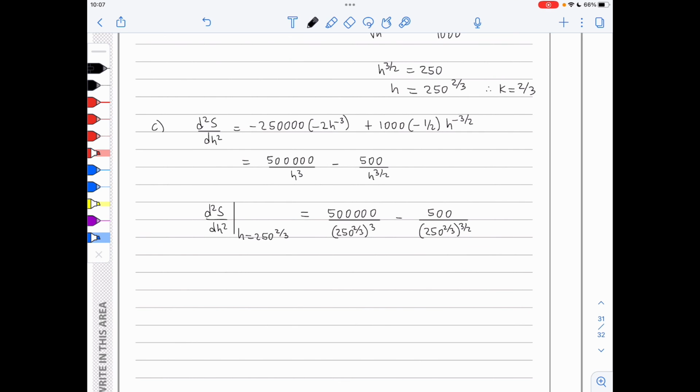Put everything on the calculator, we get an answer of 6. It's greater than 0, and therefore we conclude that this is a minimum. Remember that if the second derivative evaluated gives me an answer which is greater than 0, then I conclude it's a minimum. If it was less than 0, then it would be a maximum. And I always need to explicitly compare to 0 in order to get the full marks for this part of the question.